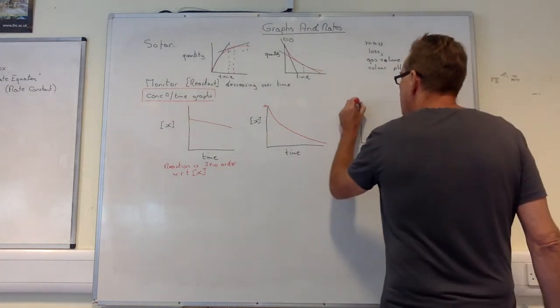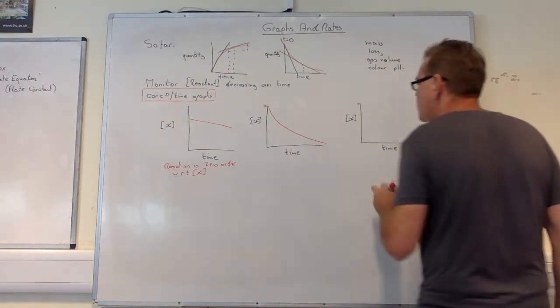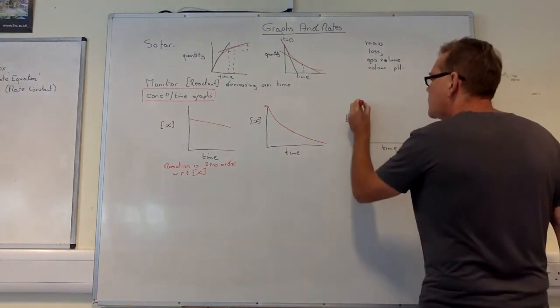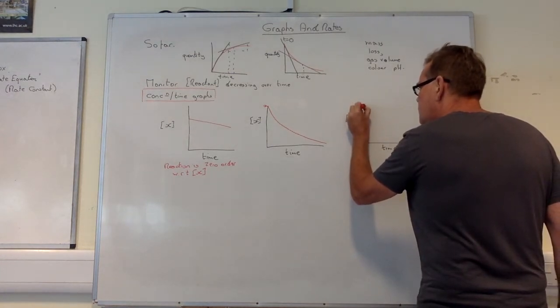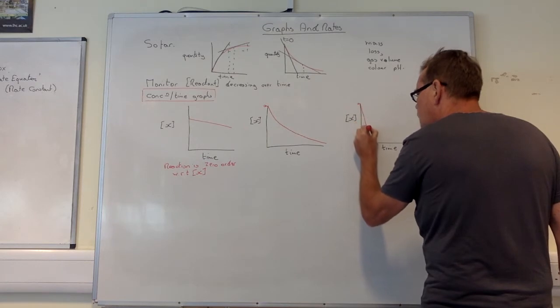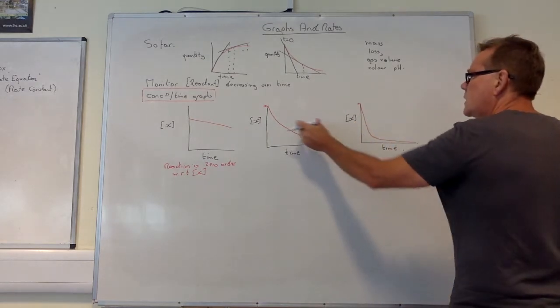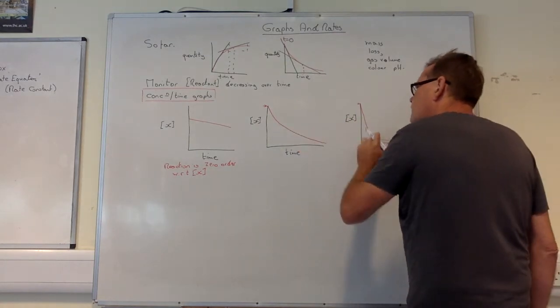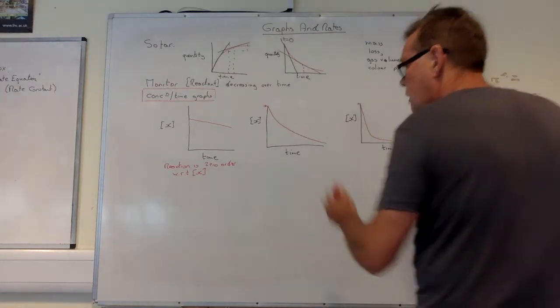Then you look at this one, and the reason I'm doing this is because the shapes of these look very similar, but this one is much tighter to the axes. It drops more rapidly and then narrows out like that. Not quite the same to look at. If you get one, so what do they mean?